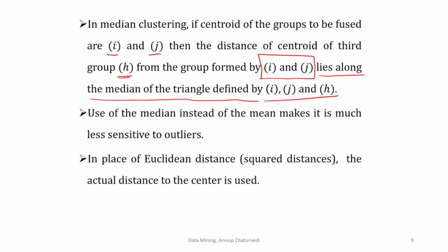So, we are actually using the median instead of mean, and this use of median makes the median clustering much less sensitive to outliers. Further, in place of Euclidean distance, which is the squared distance, the actual distance to the center is used.